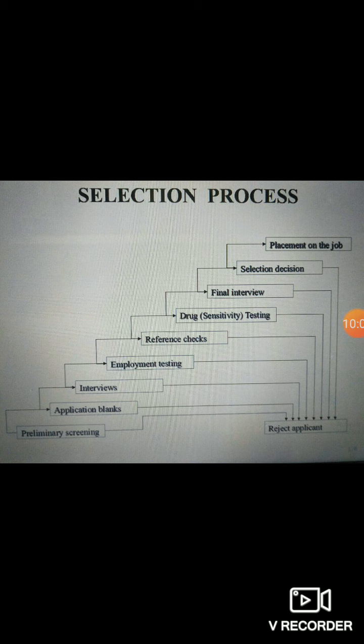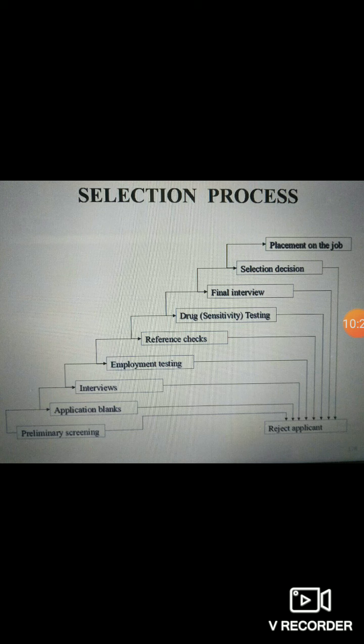Many a time the reference check may not happen, but if the position is critical, if the position is a very accountable position, a very confidential position, a trustworthy position in which the employee is going to be appointed, then in that case high risk positions, criticality high positions require reference checks.